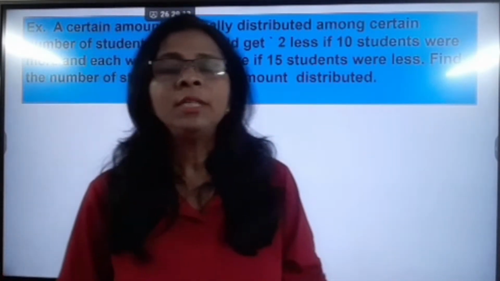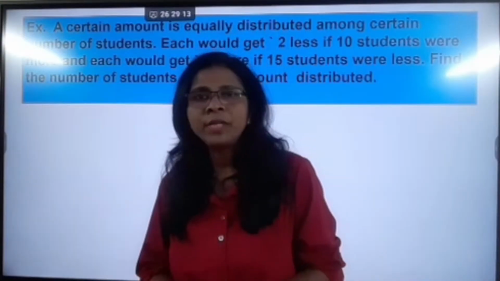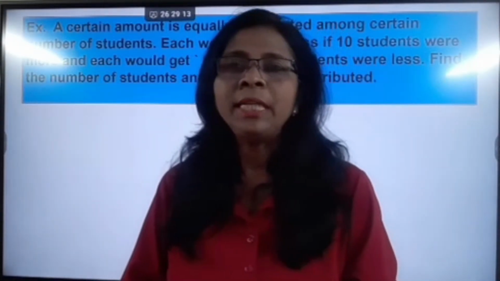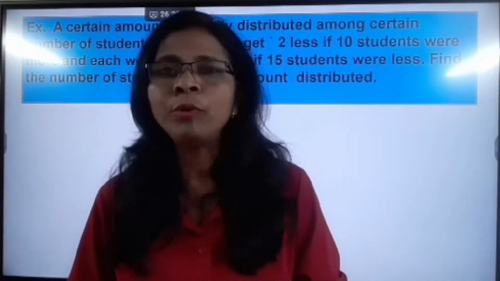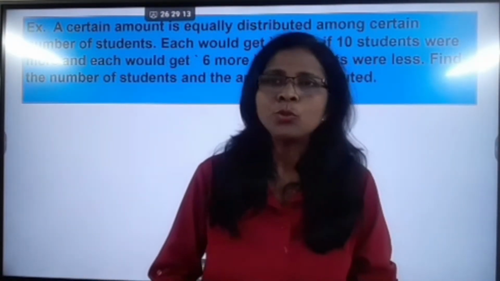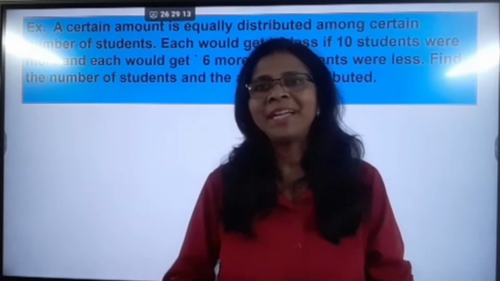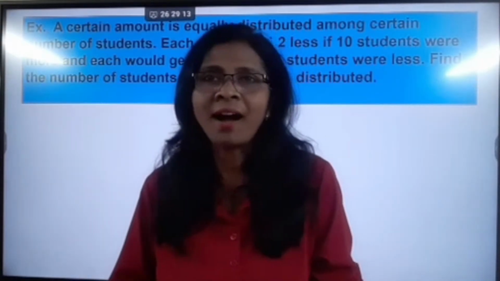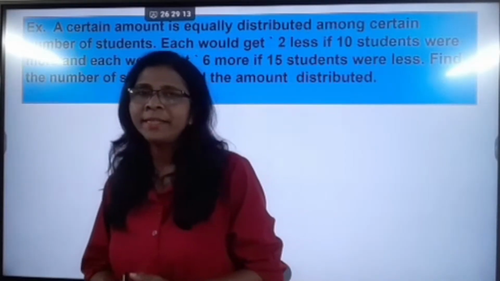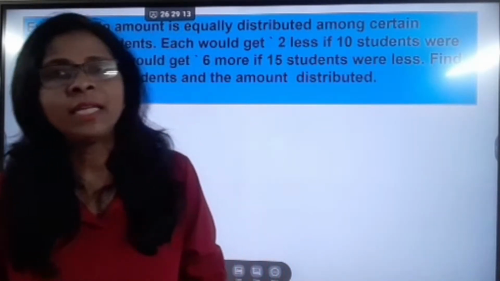Here students, this is the HOTS question and coming from Chapter 1, linear equations in two variables. Very easy question, but students think it is very hard. So here we have to solve it by an easy method.